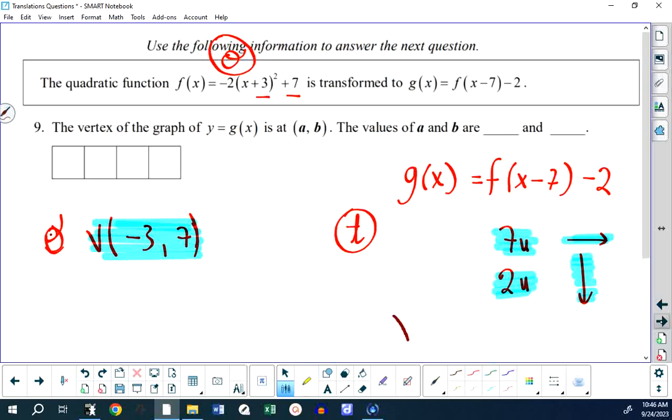So the new vertex, I'm going to call it V prime, will be that -3 plus 7, which is 4. And the y coordinate of 7 is going to lose 2. 7 minus 2 is 5. So if the vertex is at A comma B, A is 4, B is 5. I think if you use the function notation to build the equation of the new function, it's more work.